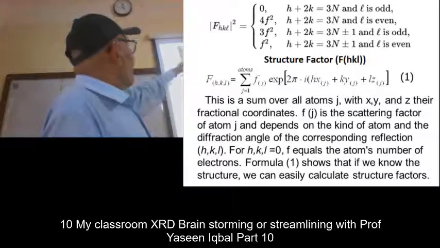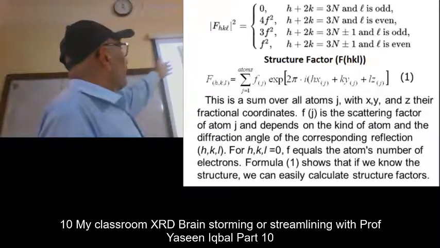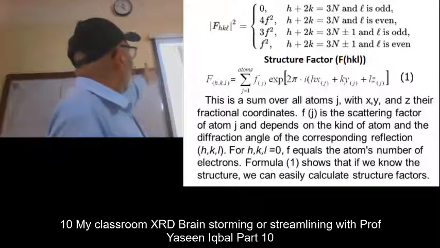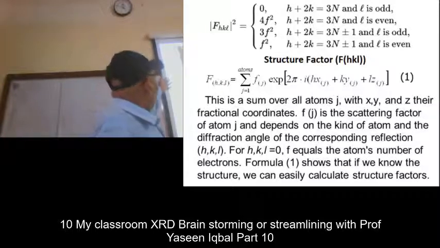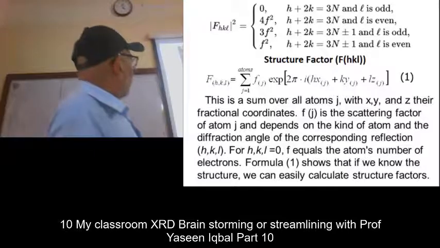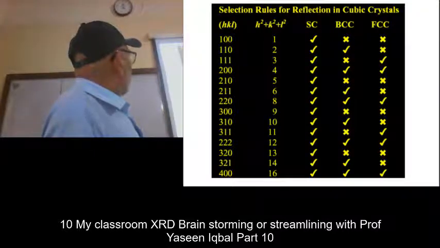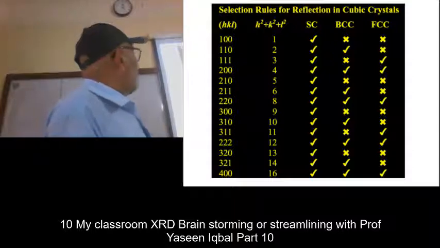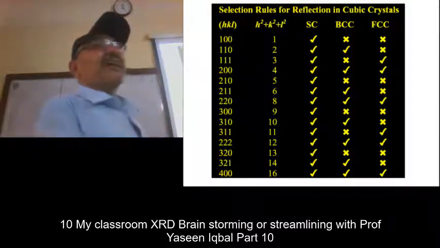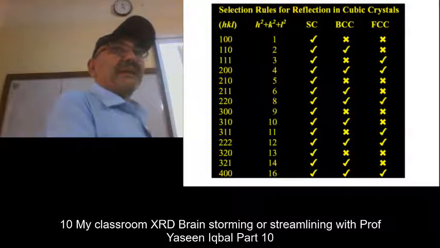FCC, 1 and 2 are both not allowed. Only 4 is allowed, right? When it is 4, H plus K plus L equal to even, then they are allowed.